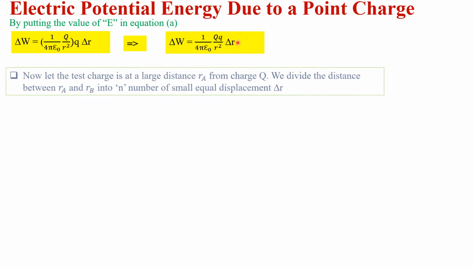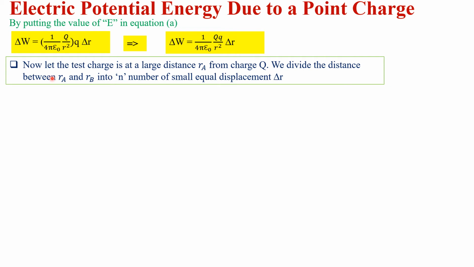Now let the test charge be at a large distance RA from charge Q. We divide the distance between RA and RB into n number of small equal displacements delta R. Because the test charge is at point A, the distance between the test charge and the point charge at point A is represented by RA.